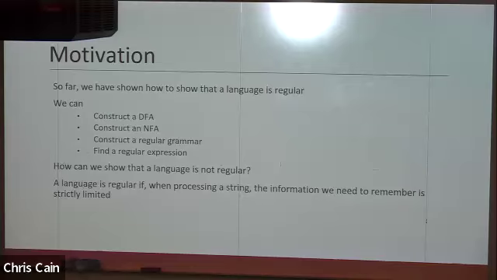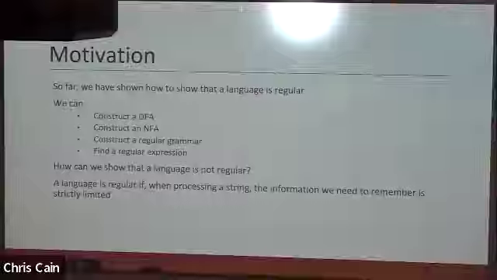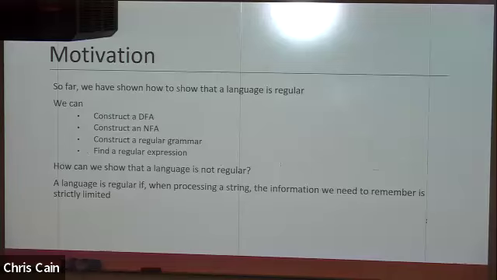For any string of arbitrary length, there's no bound on the length of a string that this language can represent, but with a particular amount of memory, given by the number of states in an associated DFA and the edges in that, or the number of productions in a grammar, or the size of a regular expression, within that much memory, we can accept or reject any finite length string within that language. So that's how to think about this concept of regular languages.